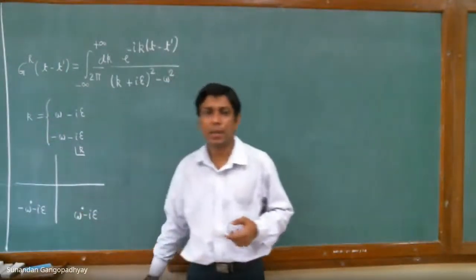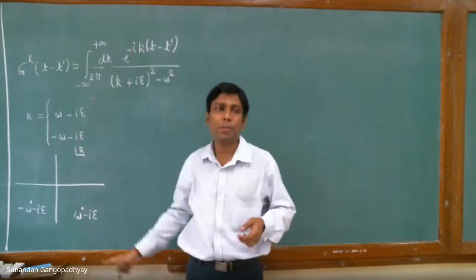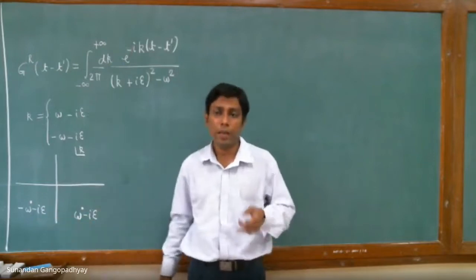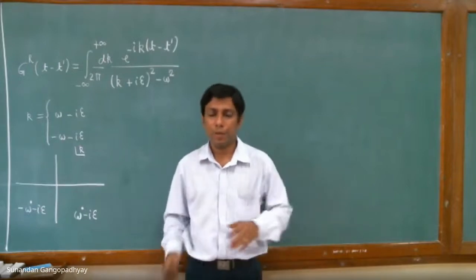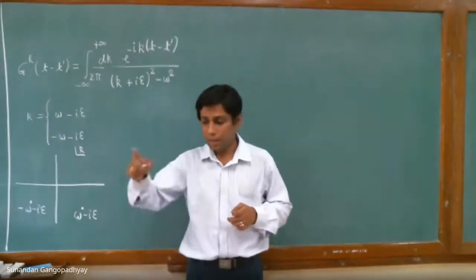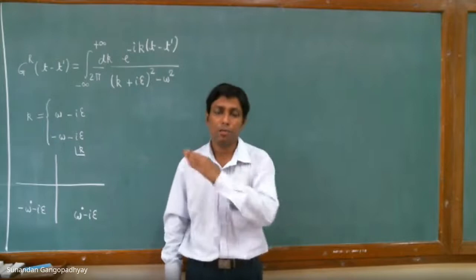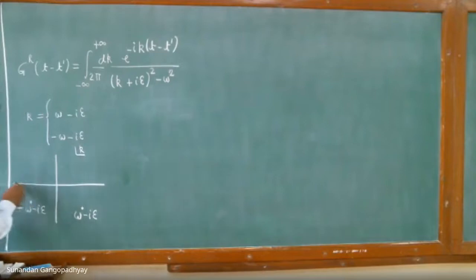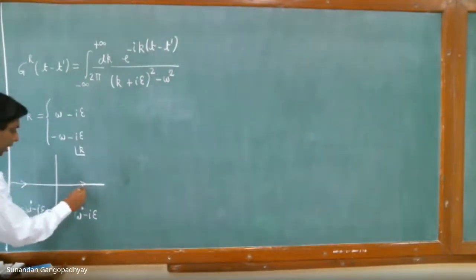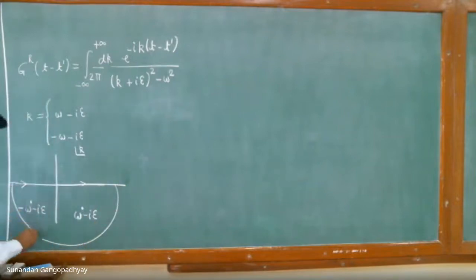We have discussed it many times in the last couple of lectures that for this integral, if t minus t prime is greater than 0, then you have to close it in the lower half plane, because only then, in the limit of the large radius, if I take the radius to infinity, the contribution to the contour integral from this circular arc will vanish. So for t minus t prime greater than 0, we close it in this way. This is the choice of the contour that we need to take.